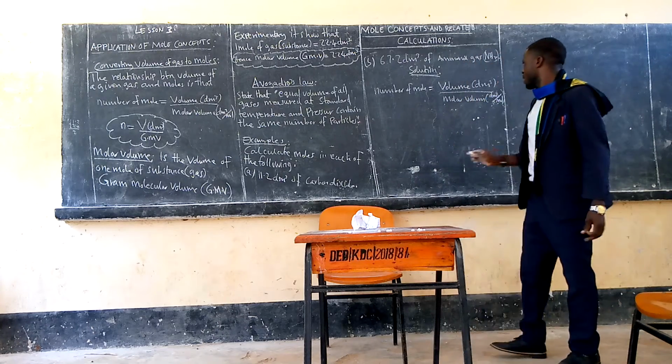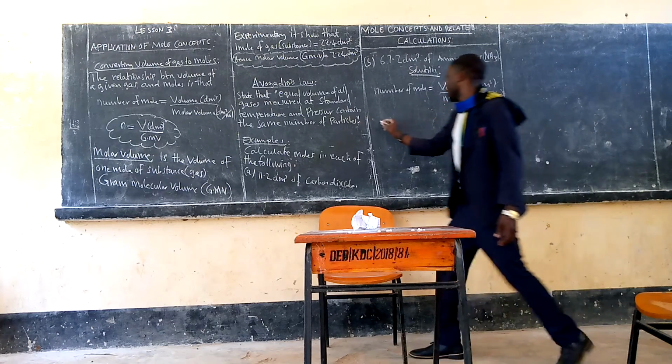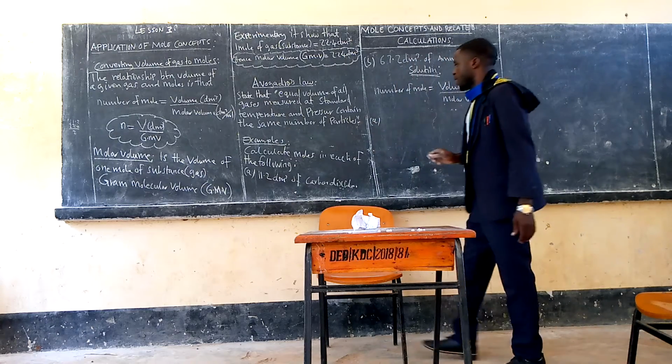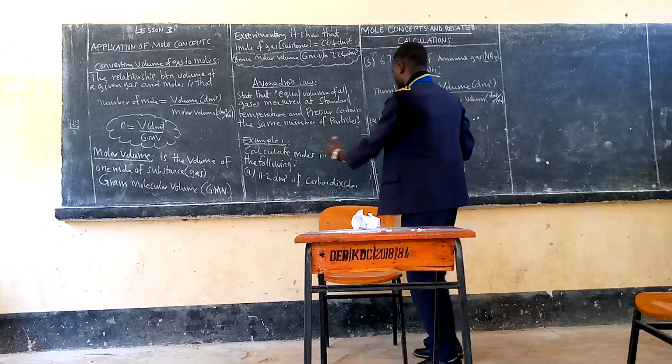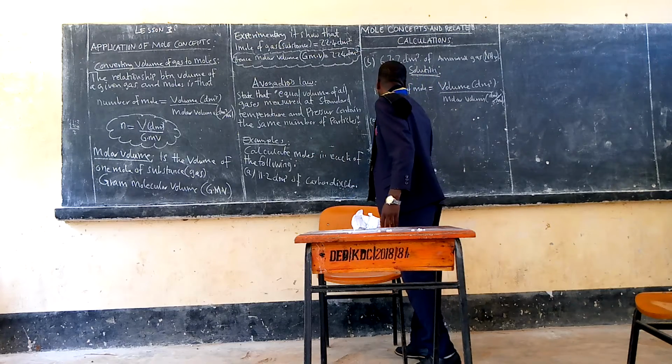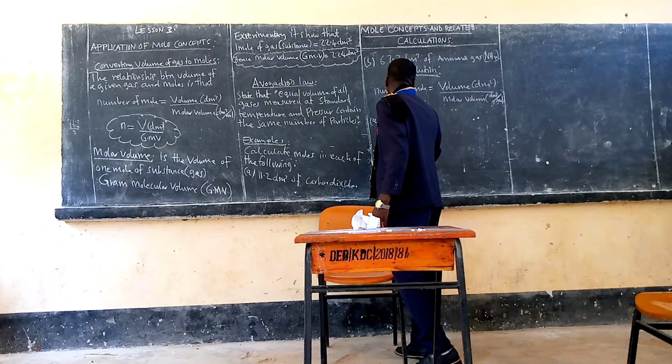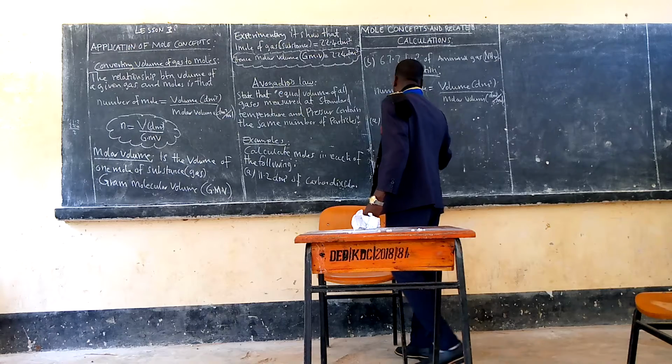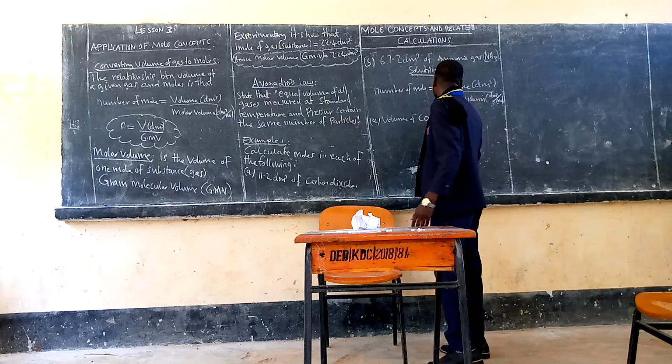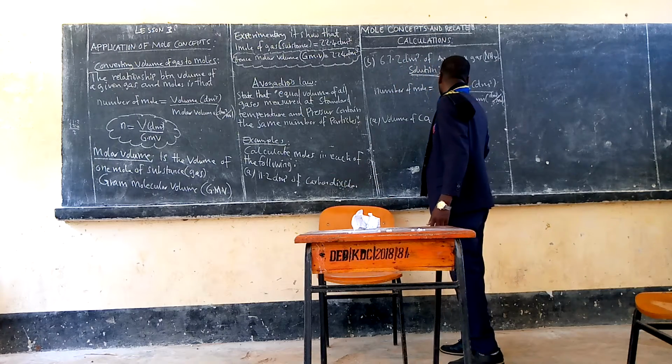Now, we have been given A. In A, we have volume of carbon dioxide. Volume of carbon dioxide gas, which is equal to 11.2 decimeter cubic.